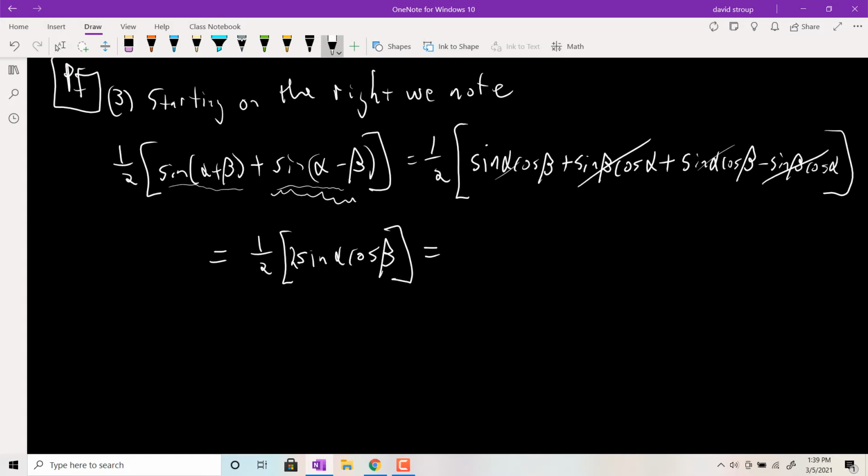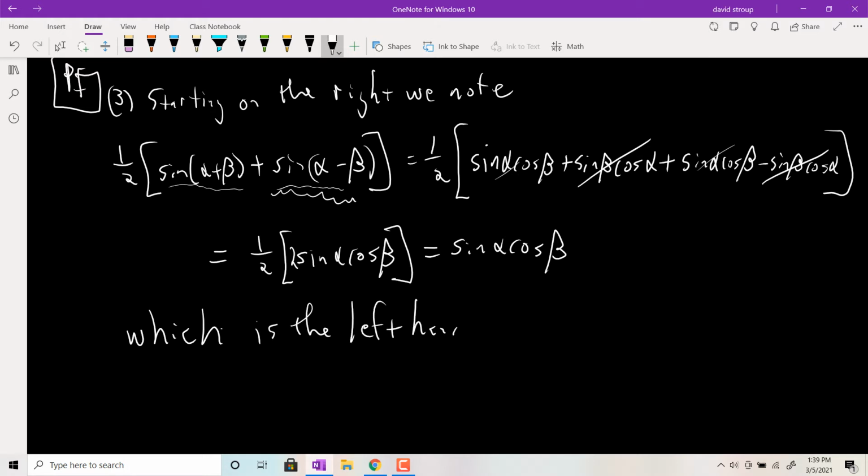So 1/2 times that will just give me sine alpha cosine beta, which is the left-hand side of the identity, which is what we want to show. So there's that.